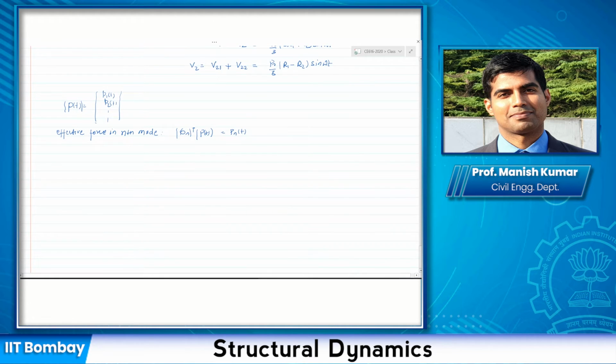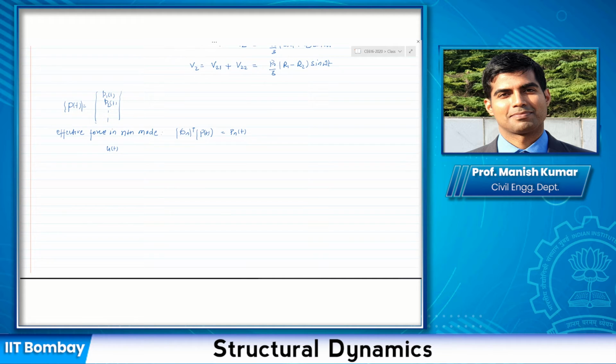Okay, now when I take P_n(t), like any other vectors, like my vector u(t) here, I know that my force would also be distributed in different modes. So I will have effective forces at different degrees of freedom in different modes.